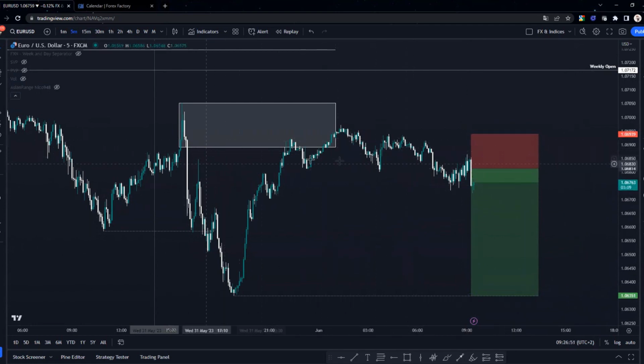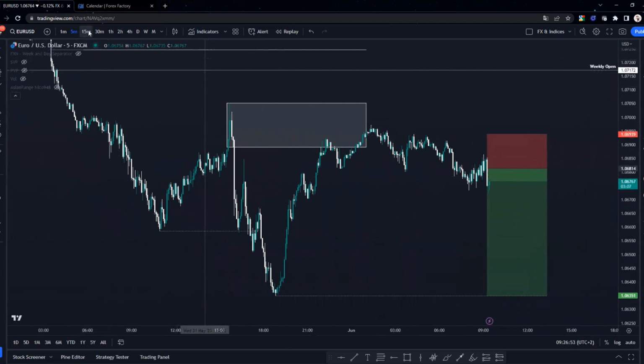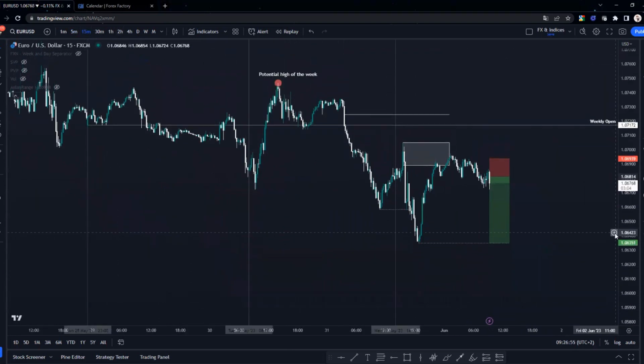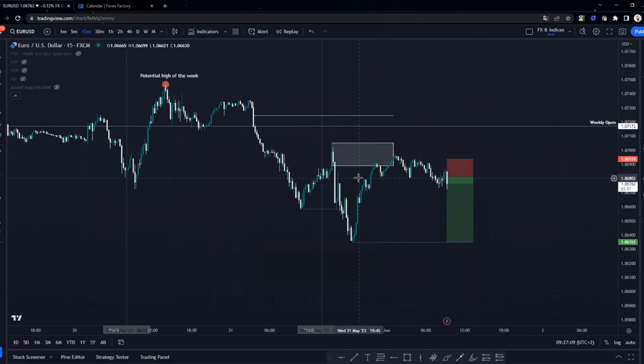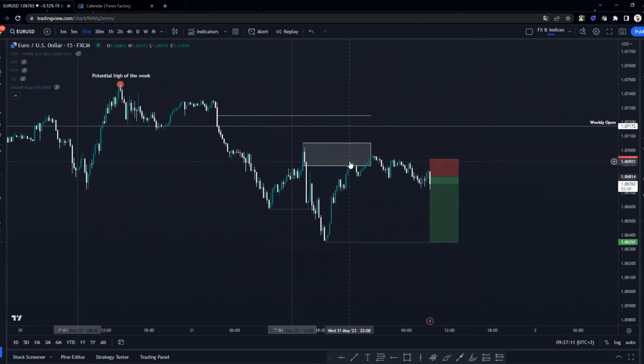And yeah, I just took this short as this setup was already explained during yesterday's video. Price was around here when I was recording, and I said that we will wait for a potential retracement on this supply zone here.